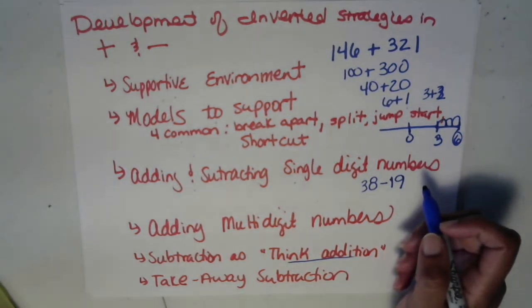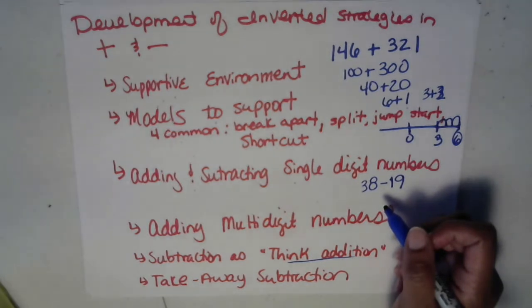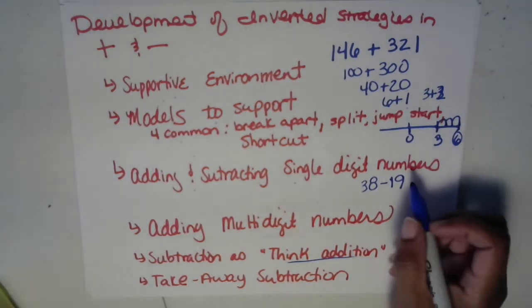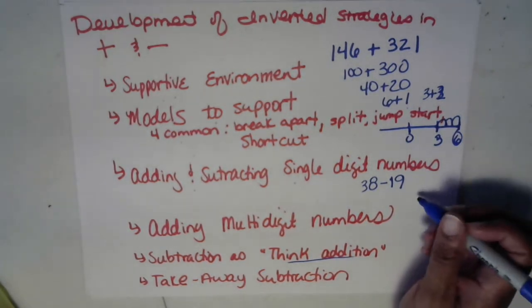Notice that this strategy is probably not as efficient for 42 minus 6. Using join with change unknown problems or missing part problems will encourage the use of the think addition strategy.